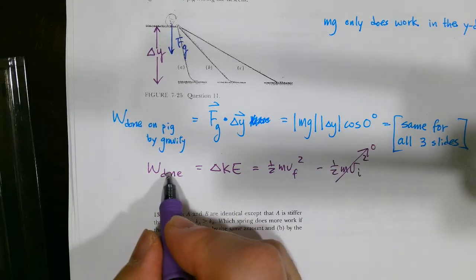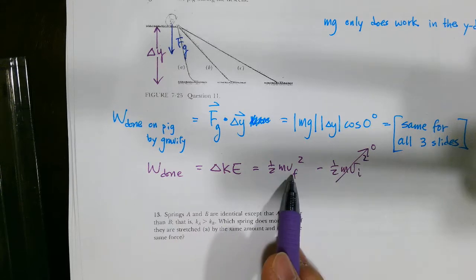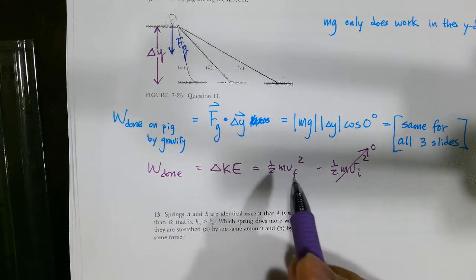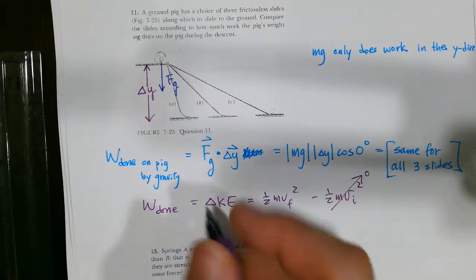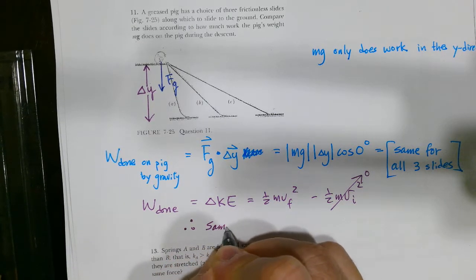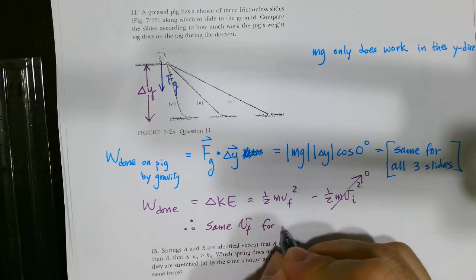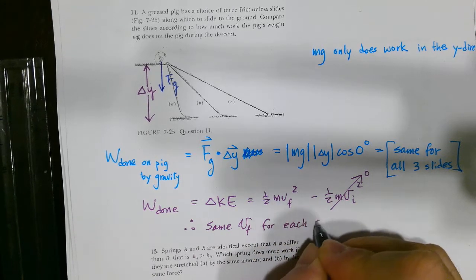Since work done is the same for all three slides, the final speed has to be the same. So therefore, same vF for each slide.